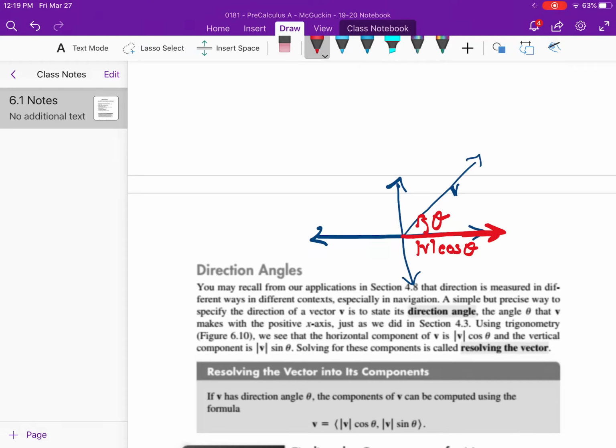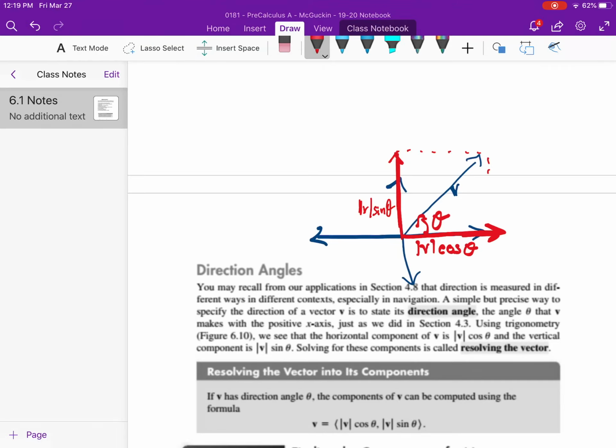Similarly, we can talk about the vertical component, and that is going to be our sine. If you assume that this new red arrow that I just drew is our vertical component, we can say that it is the magnitude of v multiplied by the sine of theta.